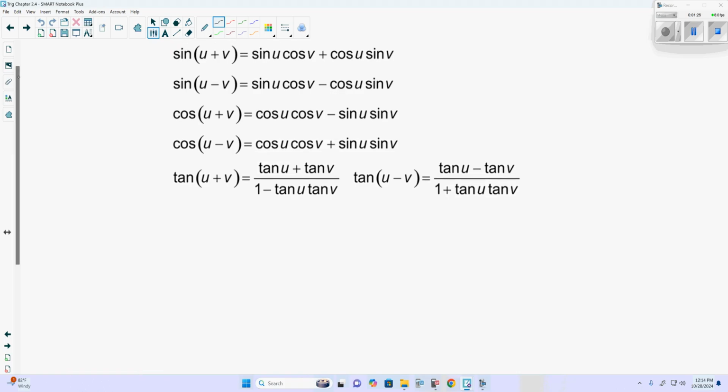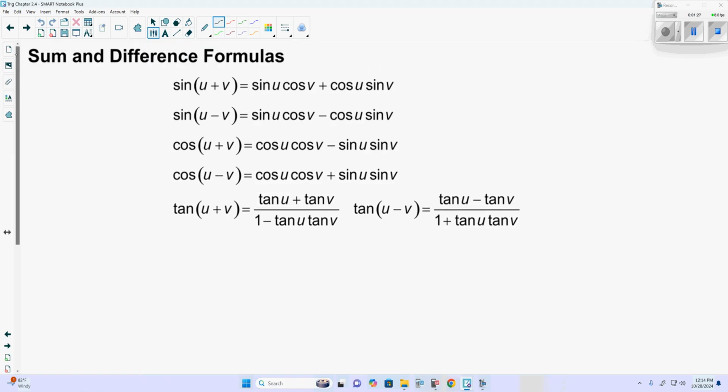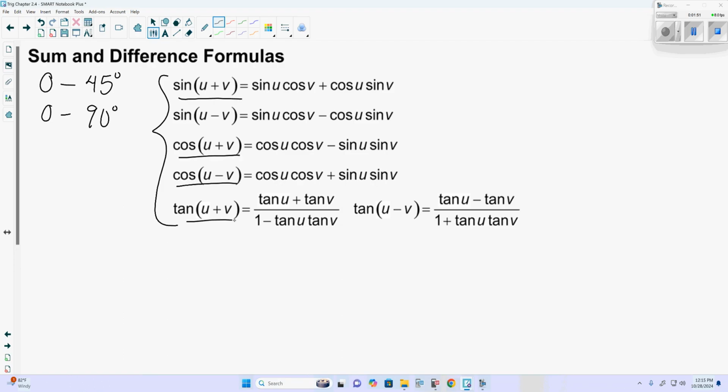Now, the reason these are helpful is because, going back before we had calculators that could calculate all these angles, we really just had a table, a set number of angles. Most of the time, the tables went from 0 to 45 degrees or 0 to 90 degrees. So if we were looking for angles that weren't in our table, we'd have to use these sums or differences to get there.